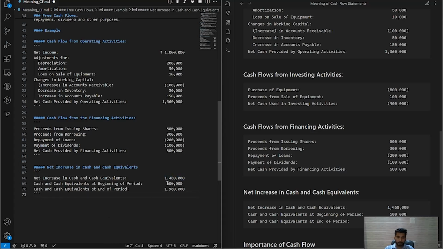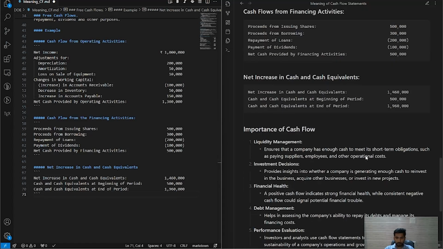Cash and cash equivalents at the beginning of the period is rupees 5 lakhs. So at the end of the period it will be rupees 19 lakh 60,000. Okay. How did it come? 13 lakh 60,000 from here, and then there is the increase from the financing activities as well.